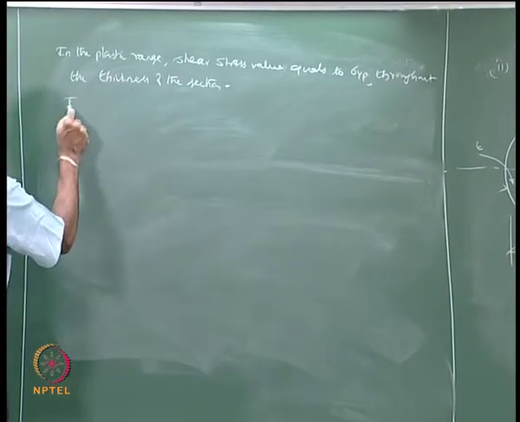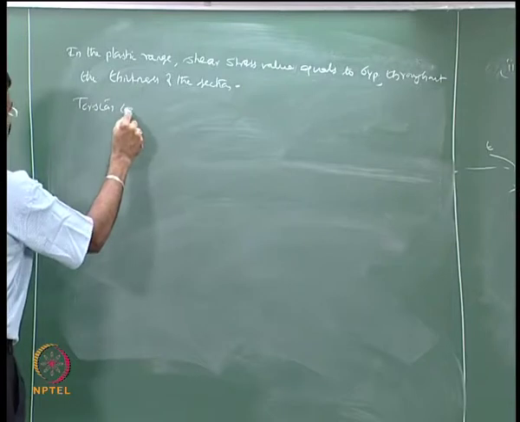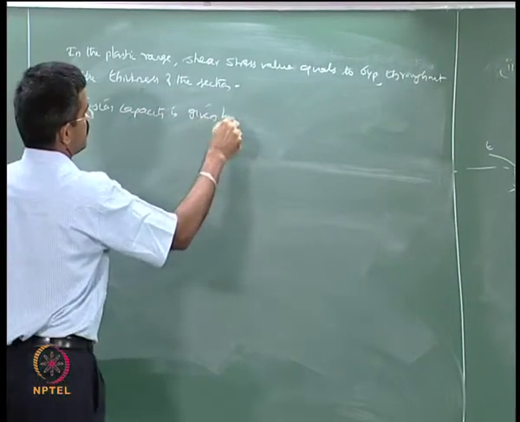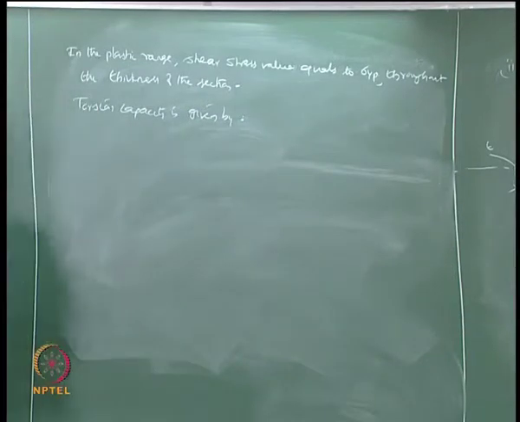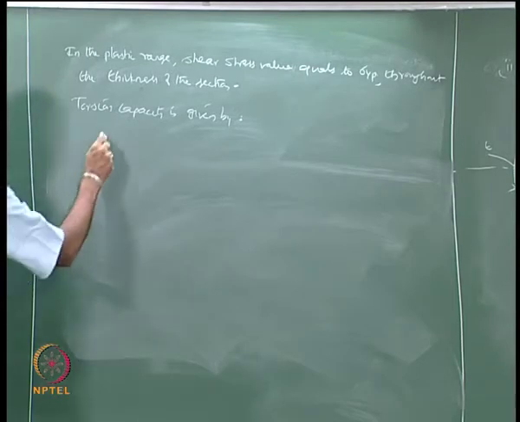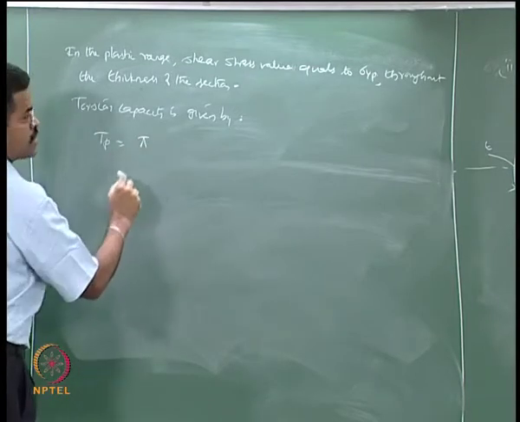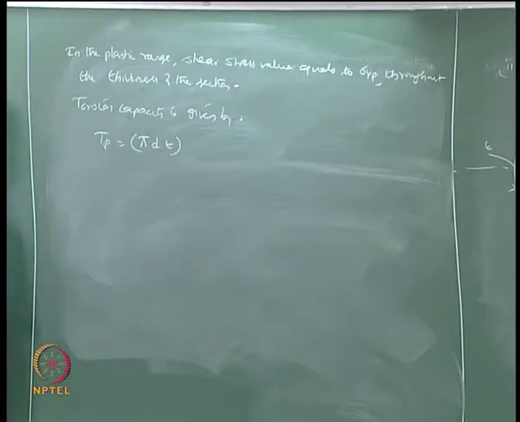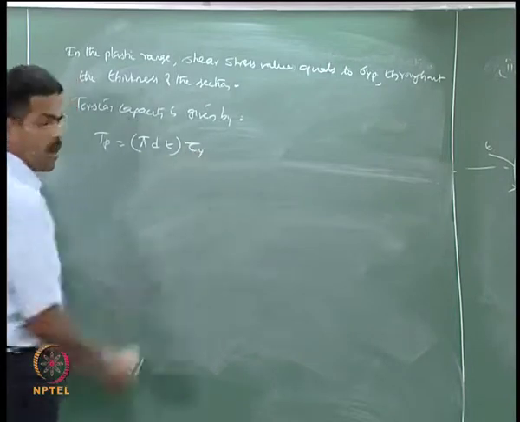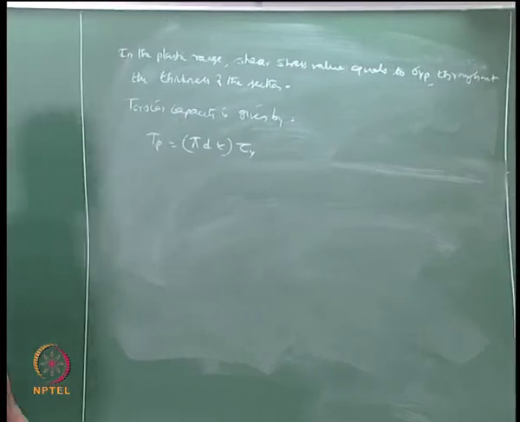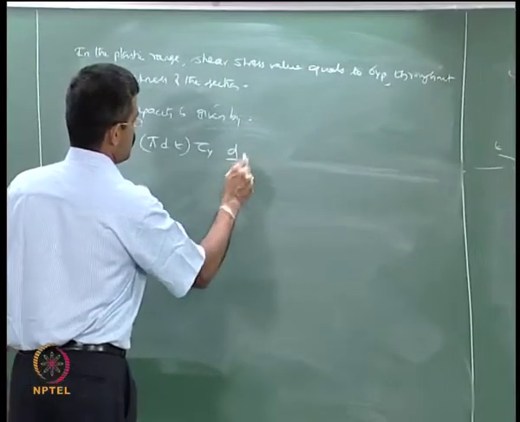Then the torsion capacity is given by Tp equals pi d t, where pi d is the circumferential length and t is the thickness, so that gives me the area, multiplied by tau y will give me the force, and the moment arm is d by 2, is it not?